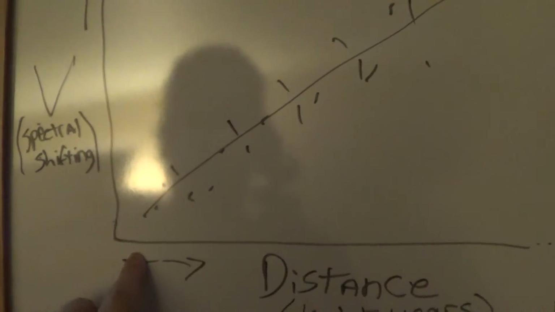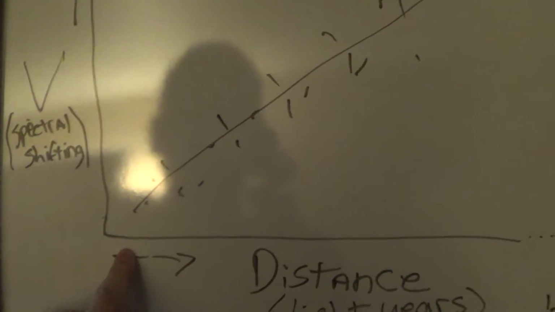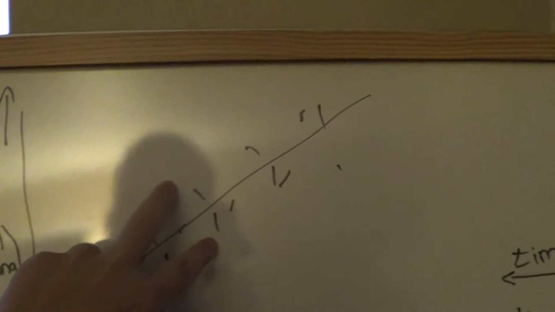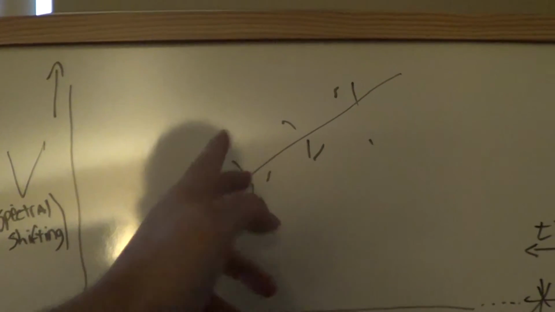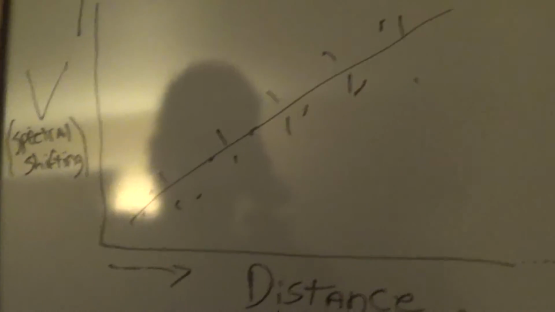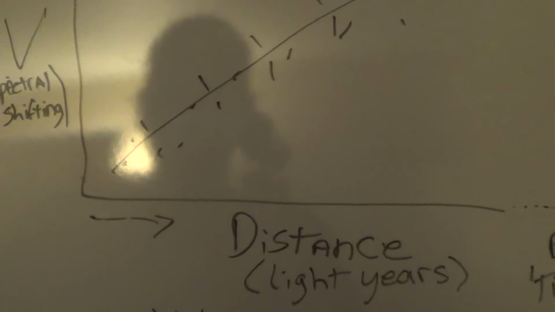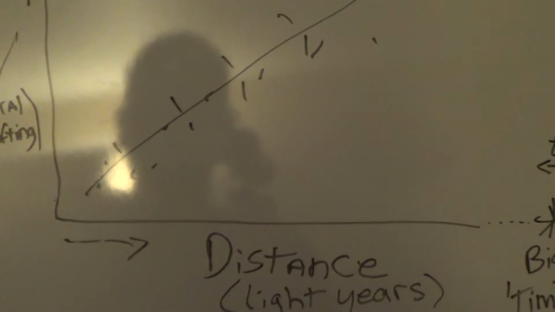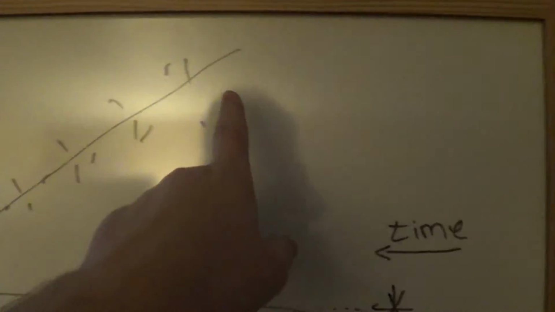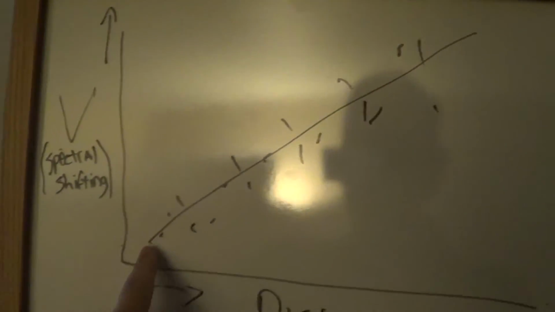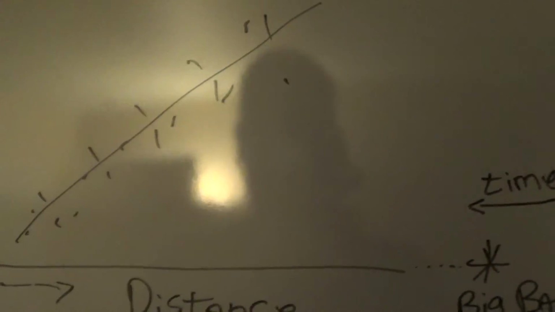We are actually getting closer to Andromeda. There are stars out in the universe, or galaxies rather, that we can see are colliding. So not everything is moving away from everything else. Some things are colliding. So if we go backwards in time, we see a deceleration of the stars of the universe.